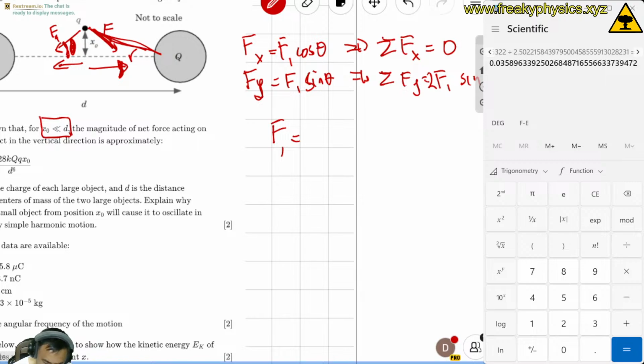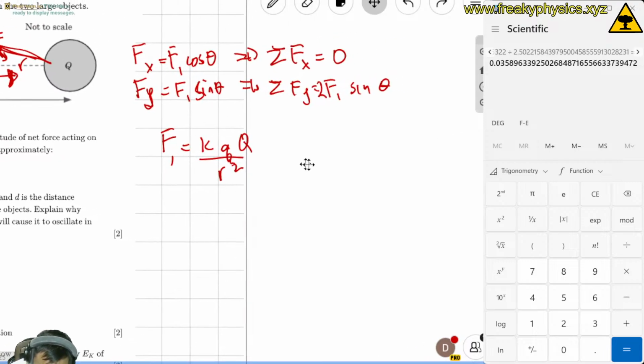With that distance r, that's going to be equal to k Q q all over r squared, right? That's strange. Why did we get d to the 6? Let's just put that in here.